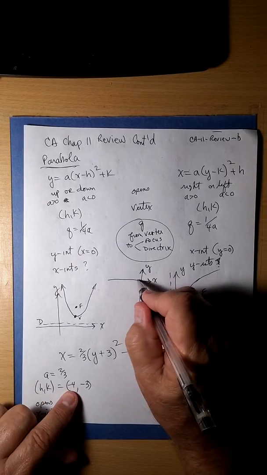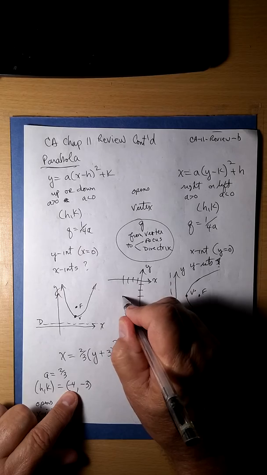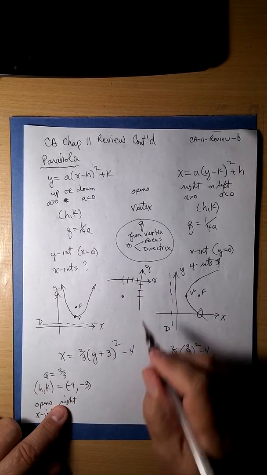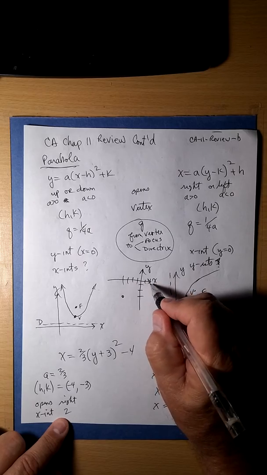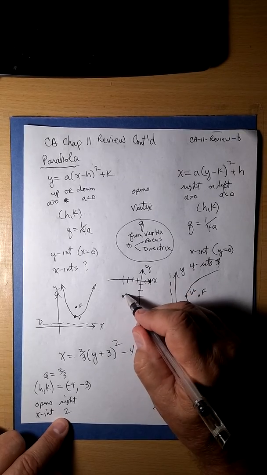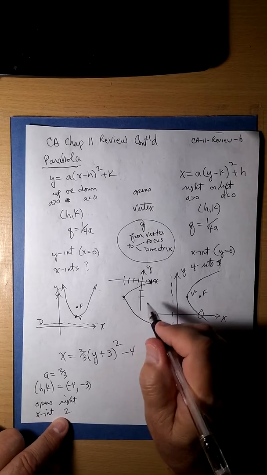This is at -4 and -3. It opens to the right. What is the x-intercept? It is at 2. So it looks sort of like this. So it will have y-intercepts.